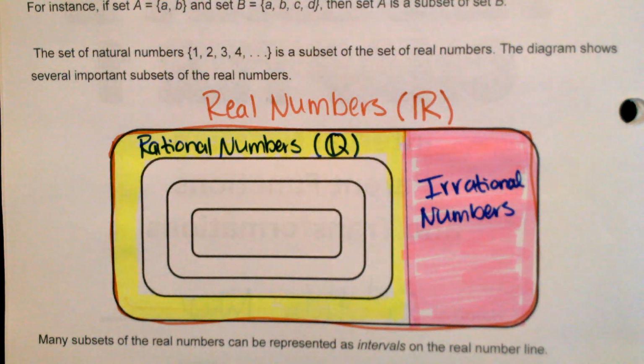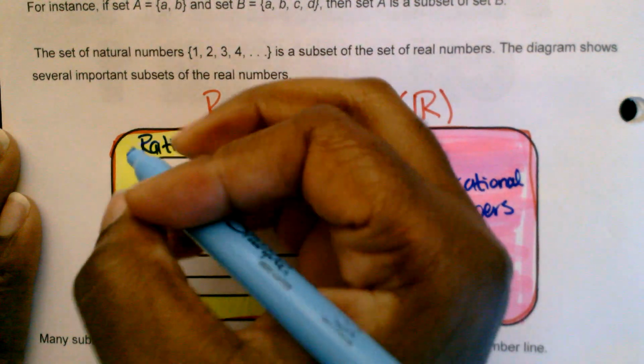Okay. Inside my box of rational numbers, the next set I will find are integers.